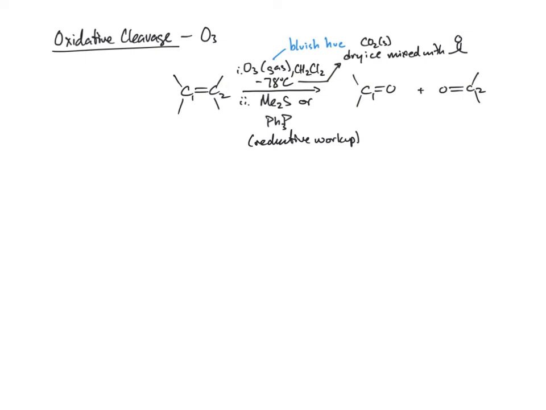Then you either work up with dimethyl sulfide or triphenylphosphine, Ph3P. Ph is phenyl. There's 3 of them on phosphorus, so that's triphenylphosphine. And these are reductive conditions. So let's go ahead and look at an example of this.